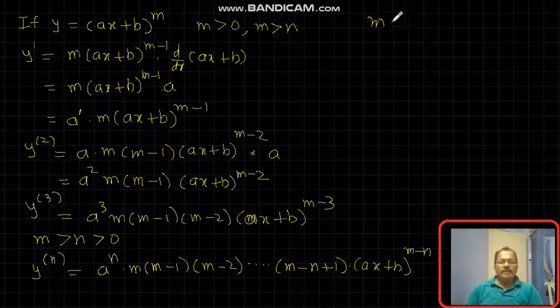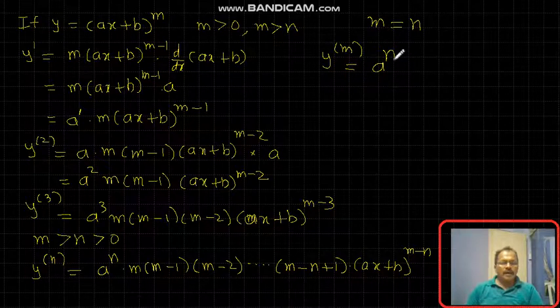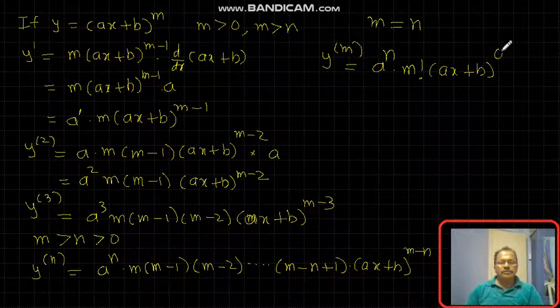If m is equal to n, then this derivative becomes y raised to m is equal to a raised to n into m factorial into (ax plus b) bracket raised to 0, that is a raised to n into n factorial.